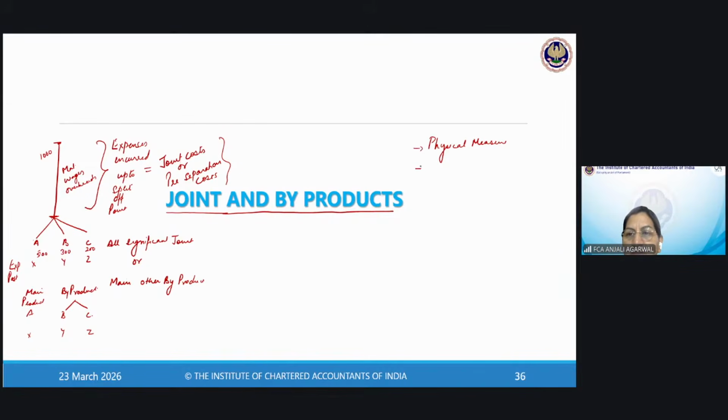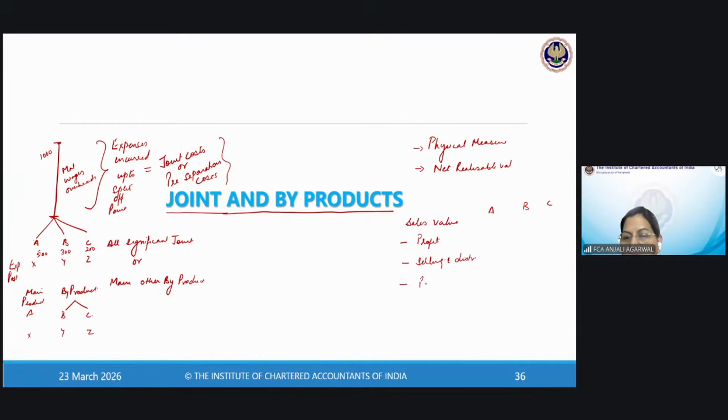Then there are other methods like net realizable value. In net realizable value, you look at the selling price of each product. From there, if you have the information on what the profit is, separate that. Then if you have information on any selling and distribution expenses incurred, deduct that.